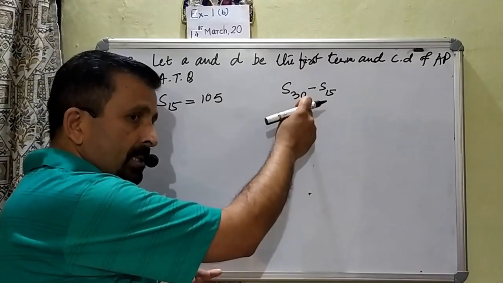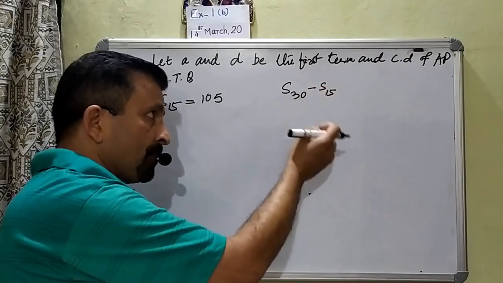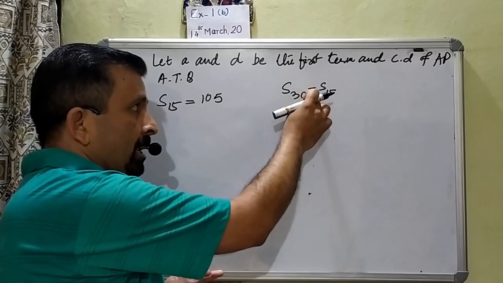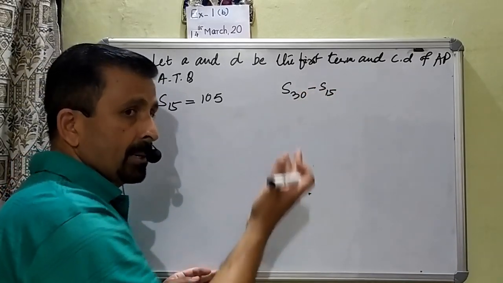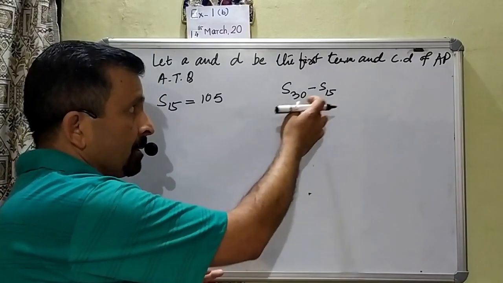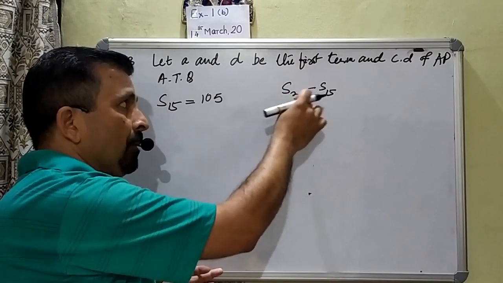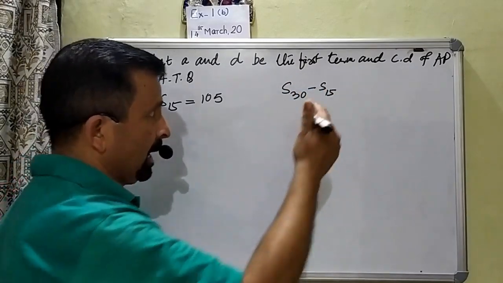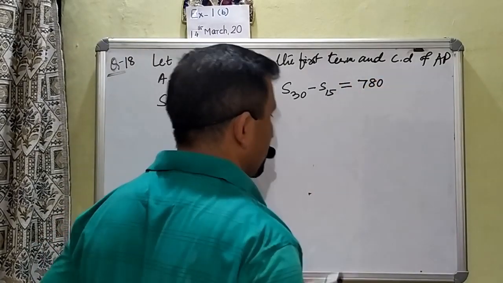So this is the sum of the first 30 terms, and from there, if we subtract the sum of the first 15 terms, we will be left with the sum of another 15 terms, and this is given as equal to 780.